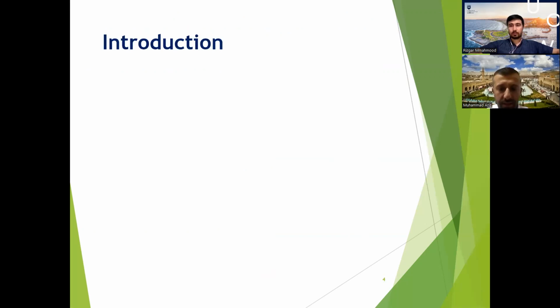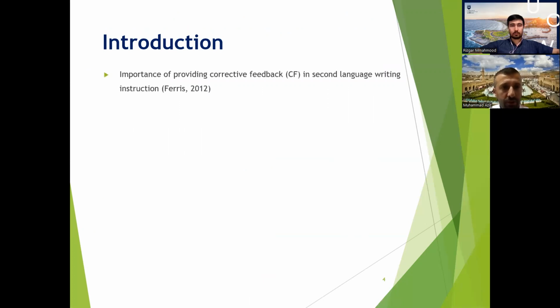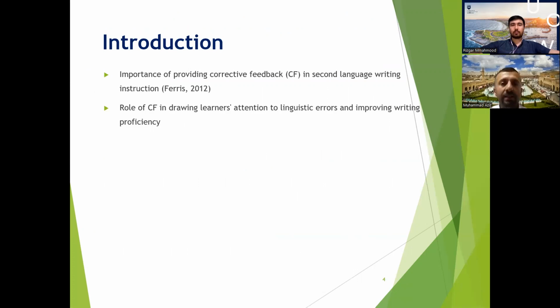So, the introduction. In the introduction, our research is about giving corrective feedback in writing classes. In other words, the importance or the significance of corrective feedback, especially written corrective feedback in SLA writing. The importance of SLA corrective feedback in writing is highly focused, emphasized in the literature.